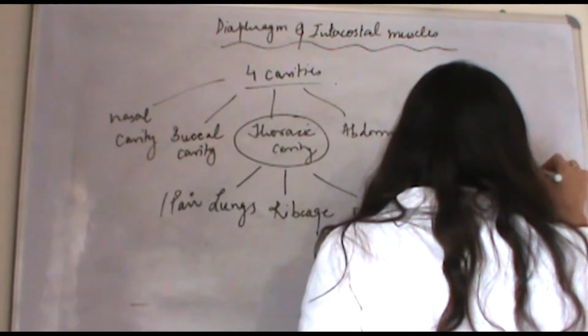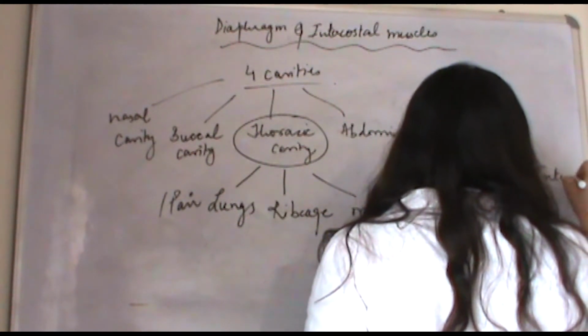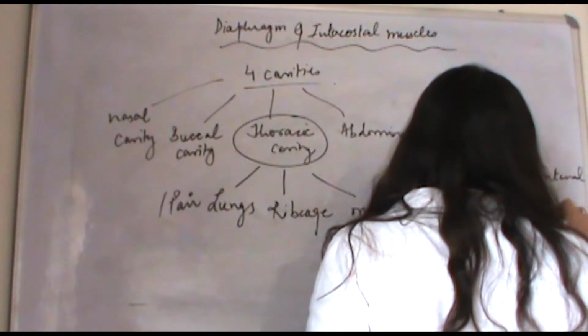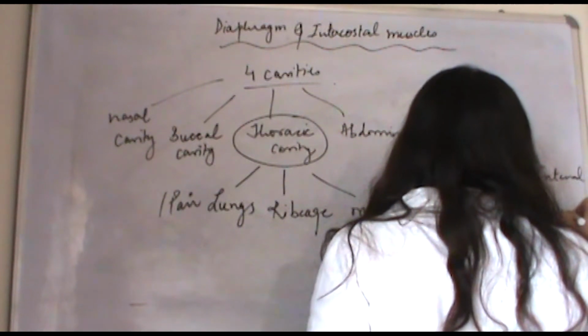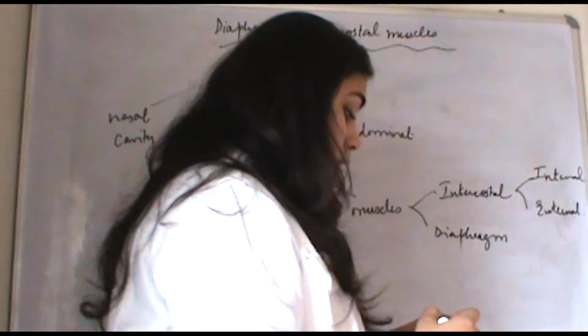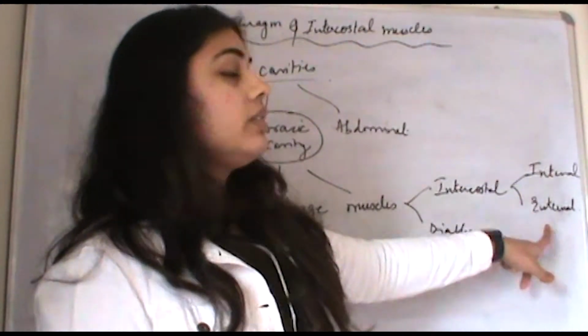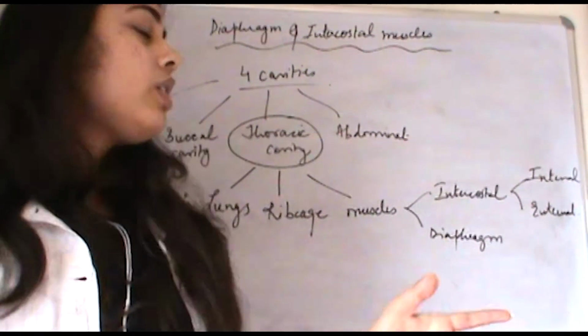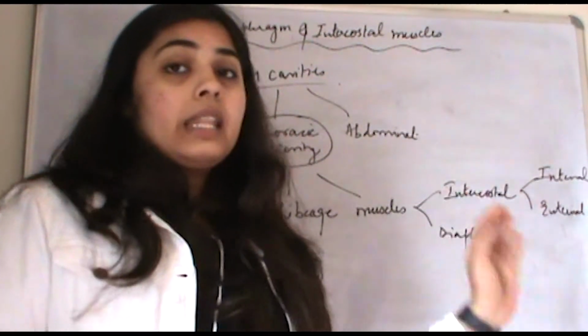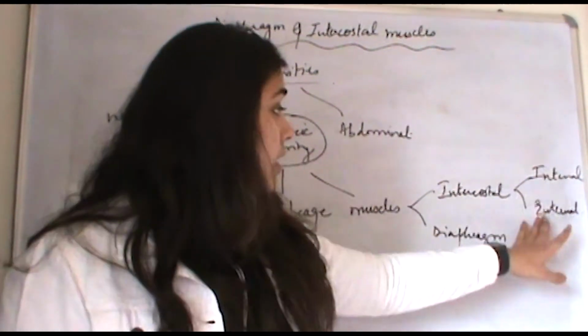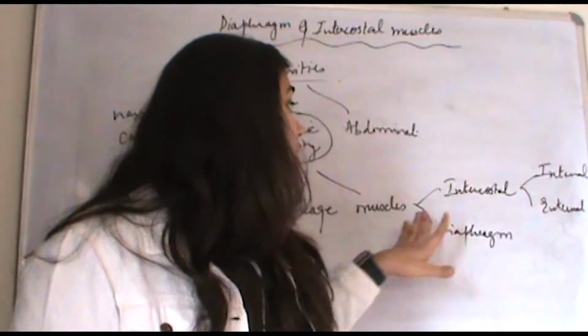Intercostal muscles are of 2 types: internal intercostal muscles and external intercostal muscles. That means ones present on the inside will be called the internal intercostal muscles, and the other ones which are present on the outside are called the external intercostal muscles. So muscles are of 2 types.